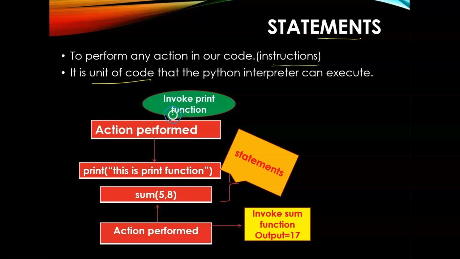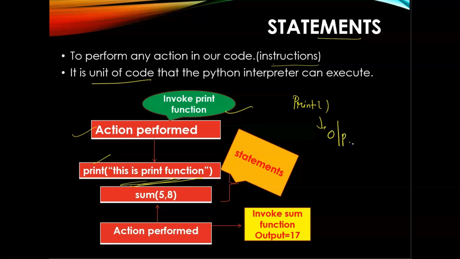See here, to invoke the print function, we are going to perform some action. By using the print function, we give the statement which is going to get printed as the output. So basically the print function is used to give us the output, which produces the output in the output section.